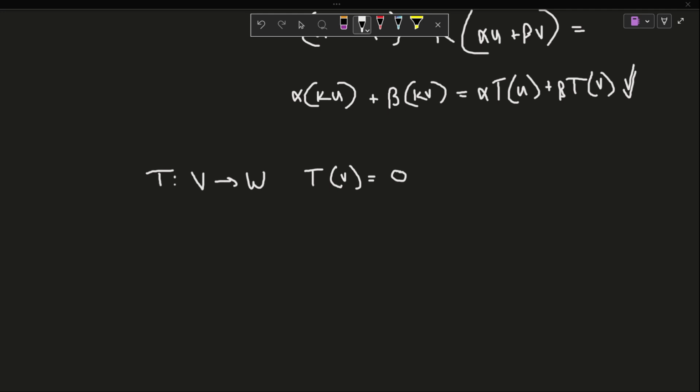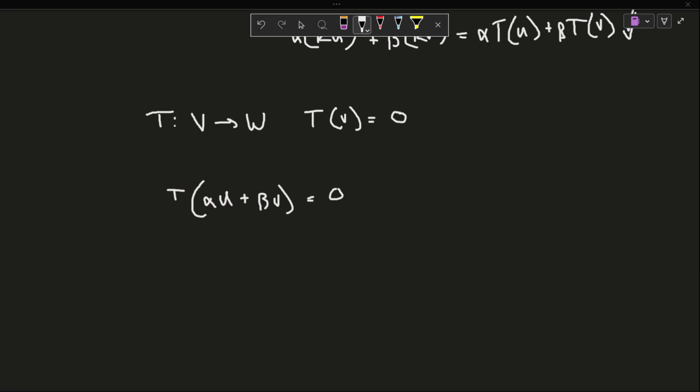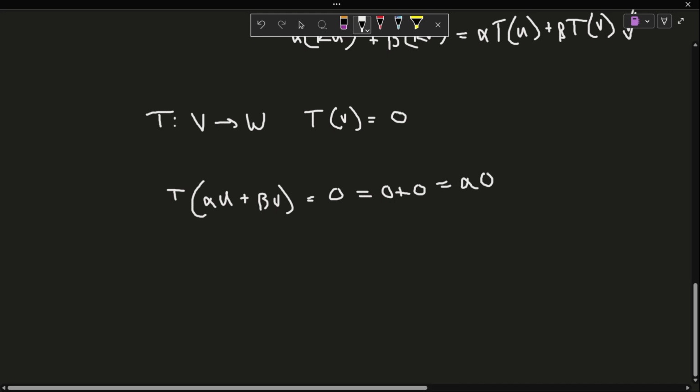And so for any two scalars, again, we'll apply our equality. So T of alpha u plus beta v, that's going to equal 0, equals 0 plus 0, equals alpha 0 plus beta 0. And that's just going to equal alpha T of u plus beta T of v. So as you can see, since everything's just 0, it holds true.